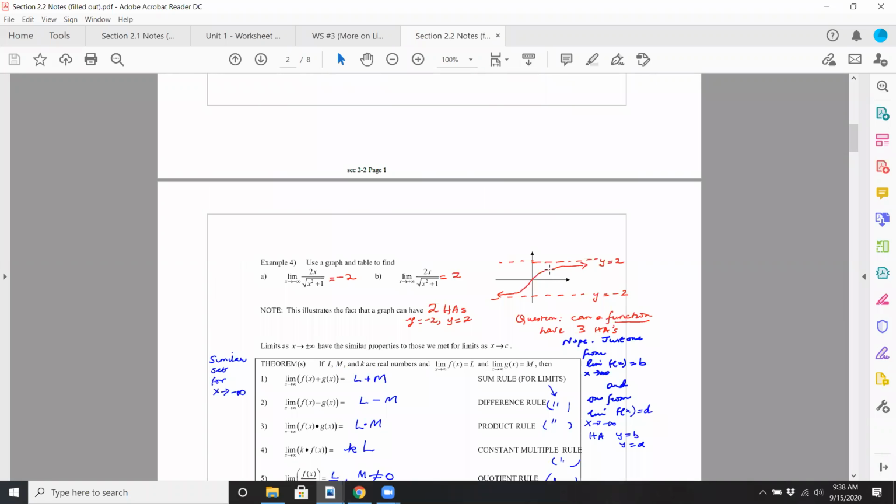That could happen. We're not gonna have 3 horizontal asymptotes because you only have 2 ends of a graph, right? So that doesn't make any sense. But you could have 2, for a logistic function. A logistic function, I think, kind of looks like this. I can't remember exactly, but kind of looks like that.